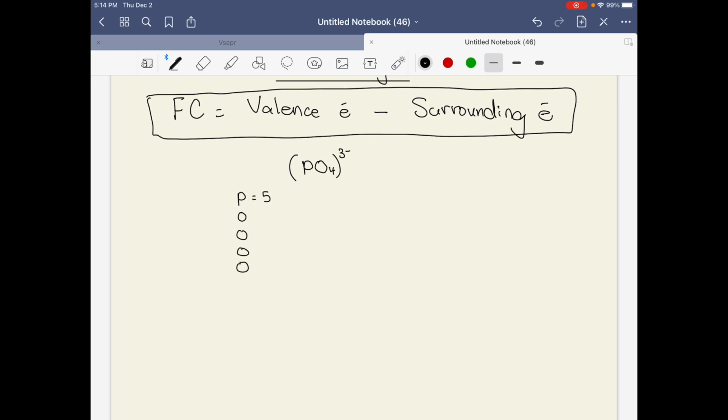So this will be 5, 6, 6, 6, and 6. And your magic number is 29, right? 29? Nah, man, don't forget about these 3 electrons right here. You're going to have to take those 3 into account, and your magic number is really 32.